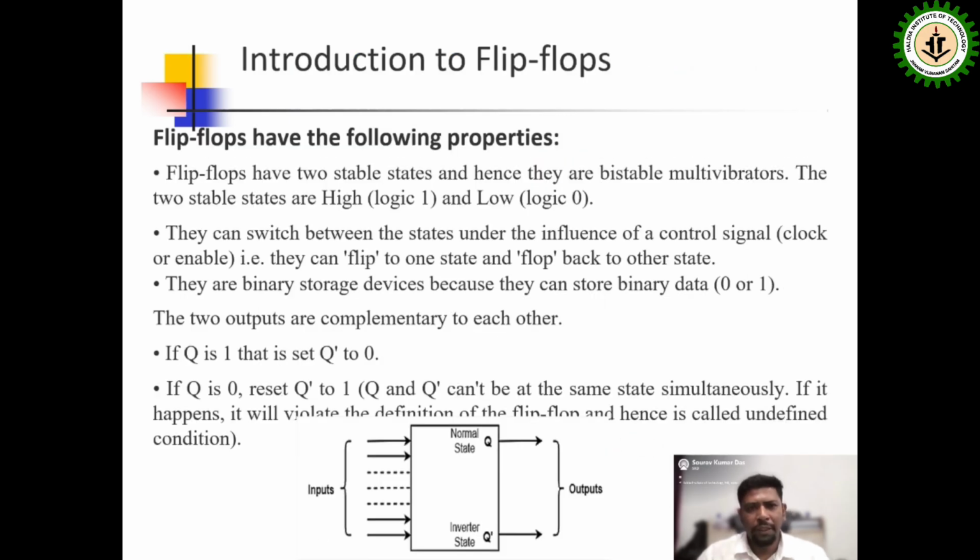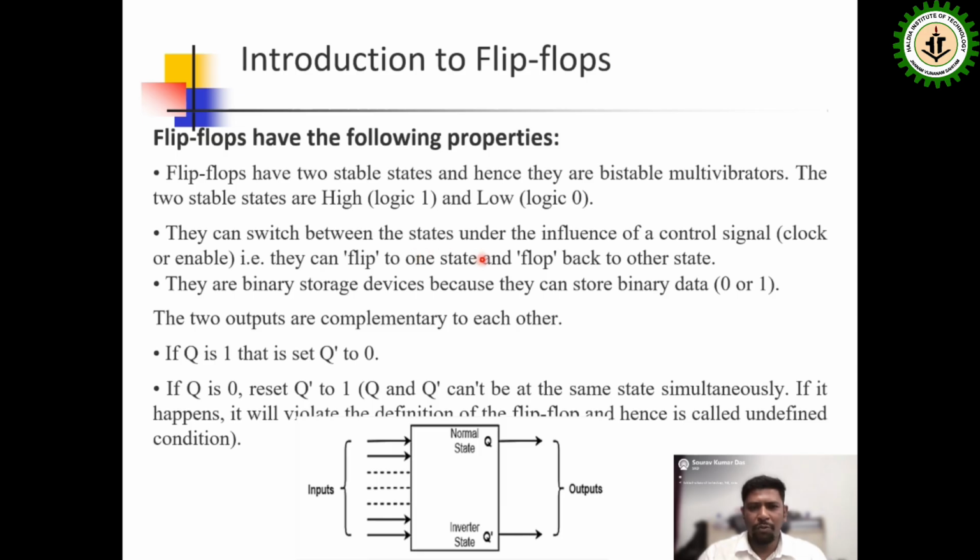Now, introduction to flip-flops. Here I discuss the properties of a flip-flop. A flip-flop has two stable states, hence it is called a bistable multivibrator. Two stable states mean high and low. High is digital logic 1, and low is digital logic 0.